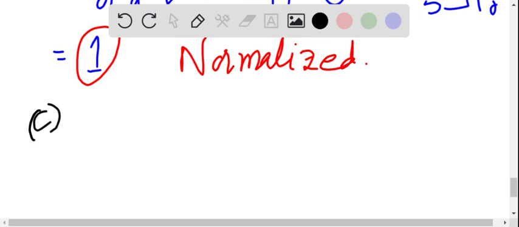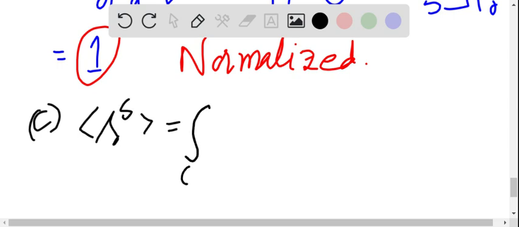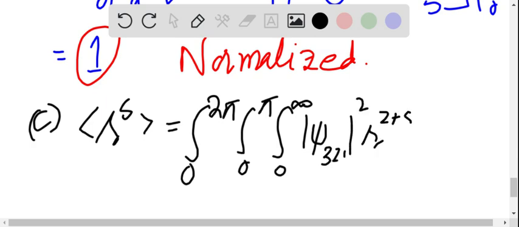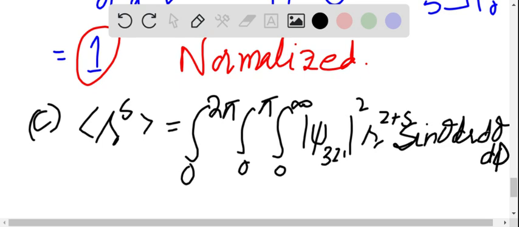So for the expectation value of r^s, we have 0 to pi, 0 to pi, 0 to infinity, spatial wave function 3 to 1 square, r raised to power 2 plus s, sine theta dr d theta and d phi, right?